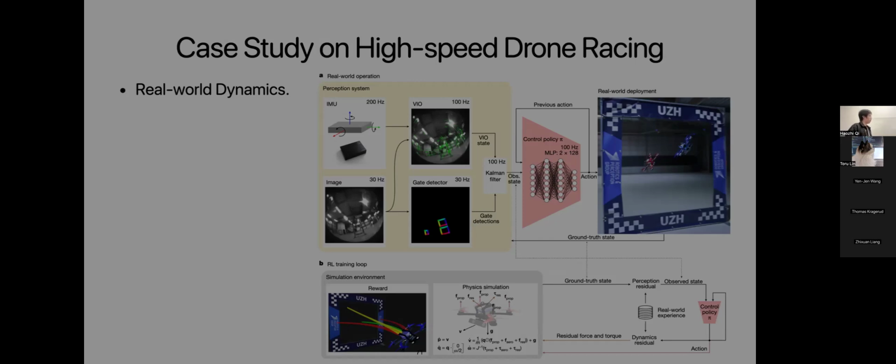For example, one simple way to do that is you deploy your algorithms and then record the trajectories in the real world. Then you check the difference between the real world and the simulation. And there must be a difference, because there is a sim-to-real gap.